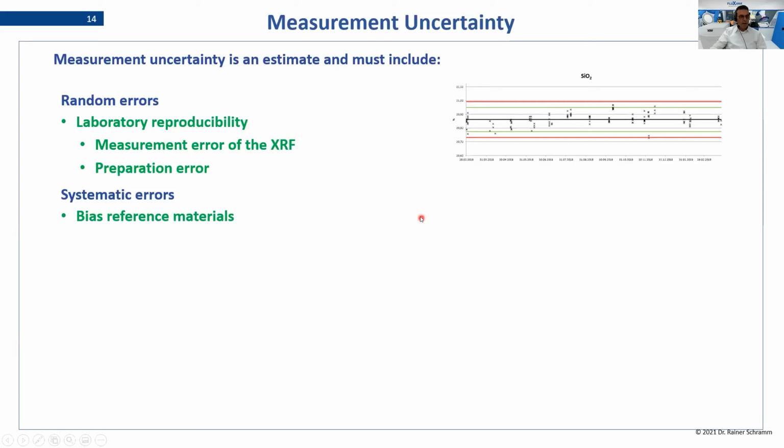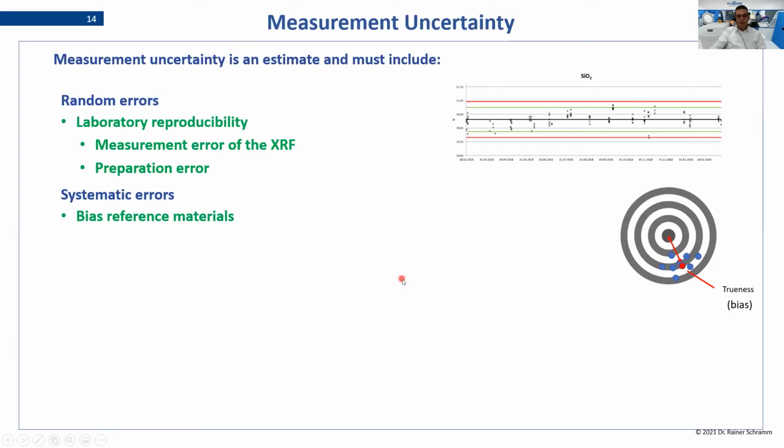The systematic error is based on the bias we get when we measure a reference material or we contribute in a proficiency test. Here, when we then calculate our laboratory reproducibility, then we take the standard deviation and we calculate it relatively to our mean value. And this is then our relative uncertainty for the reproducibility.